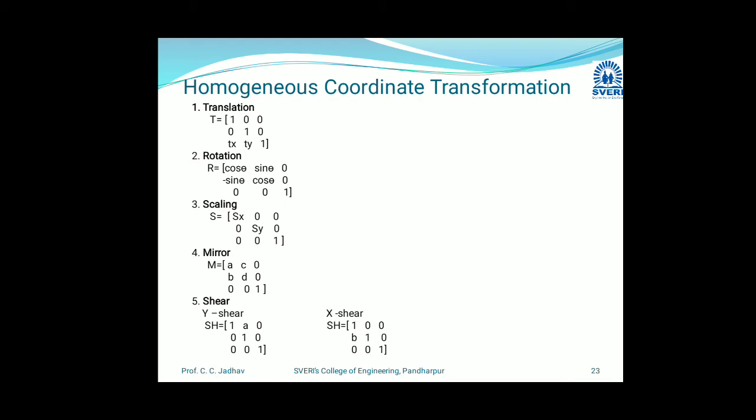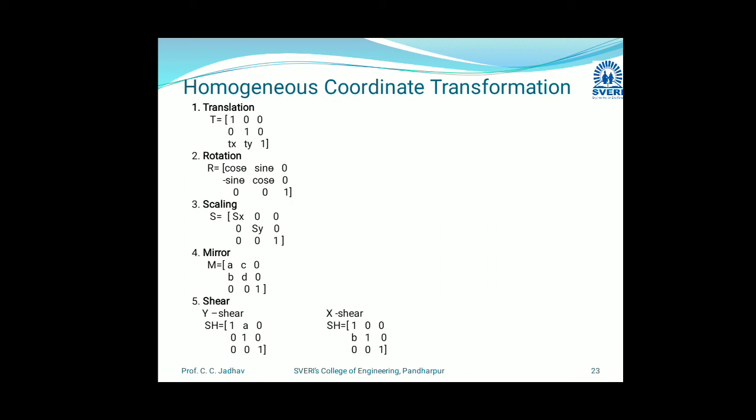So this is the rotation matrix in homogeneous transformation. Next, scaling. Small capital S is equal to Sx, that is scaling in x direction, 0 0, 0 Sy, scaling in y direction, 0, 0 0 1. So this is the scaling matrix for the homogeneous transformation.